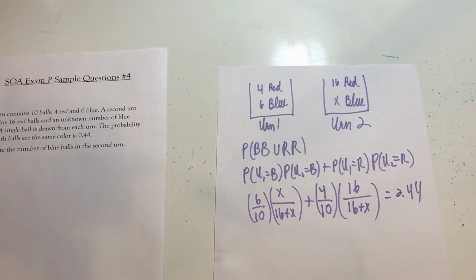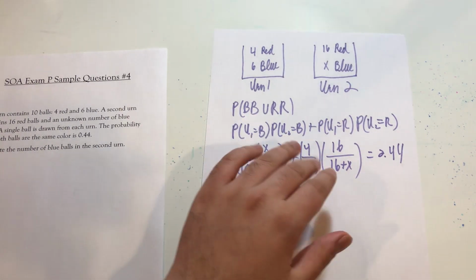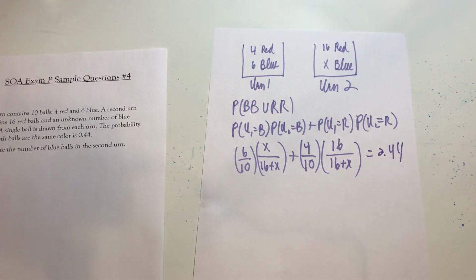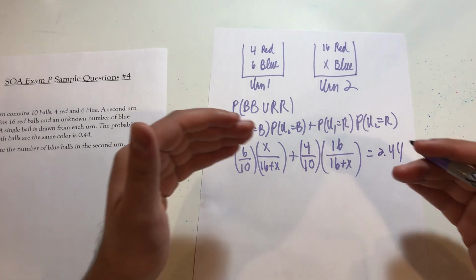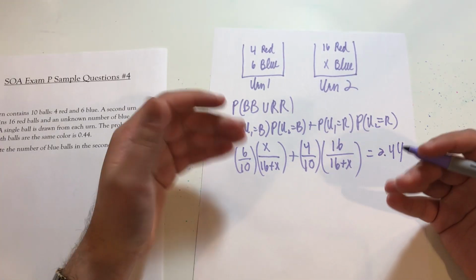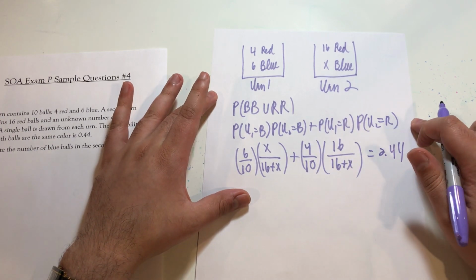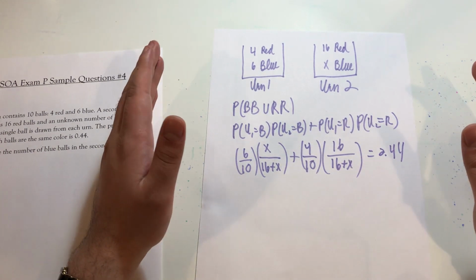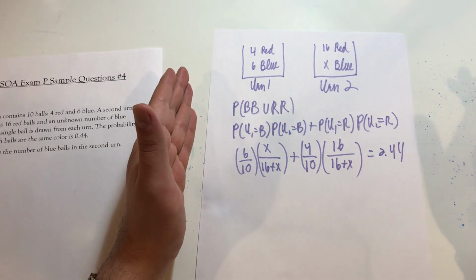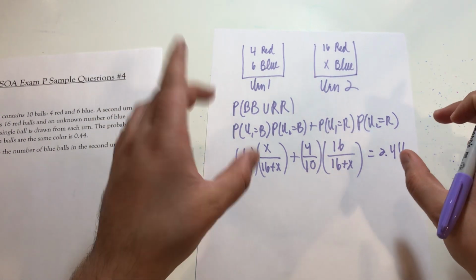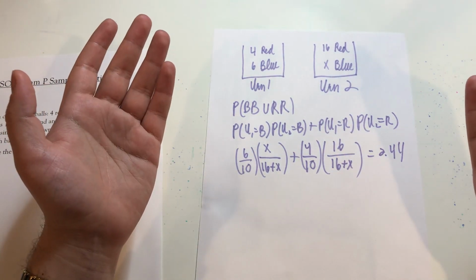Okay, the setup is the trickiest bit, right? After this it's high school level algebra. Before continuing with the algebra, I just want to restate how I got to this point. I'm basically trying to find the probability that I select one ball from each urn and they're both the same color.